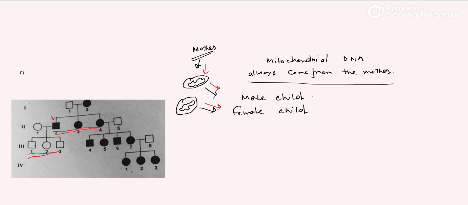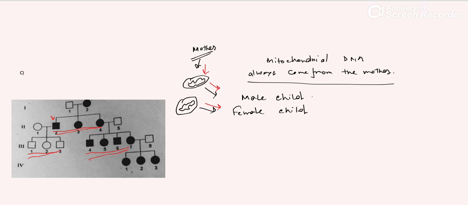Number 4, mother is affected and all of her children are affected, so it shows that it is of mitochondrial origin, as the mother is affected and all boys and girls, 2 boys and 2 girls, we have found in generation 3 from the number 4 mother who is married to a normal man, but in spite of that all of her children are affected.